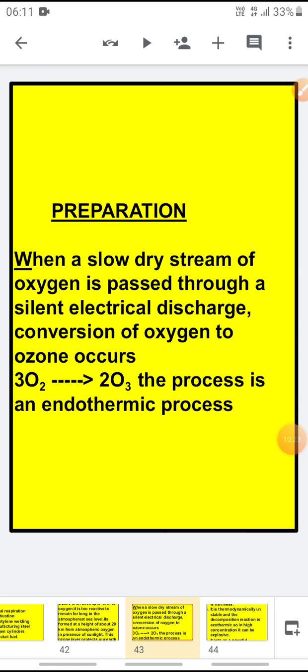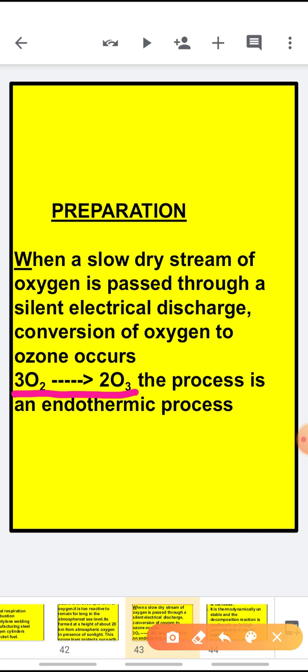Now children, the preparation of ozone. Now see how ozone is prepared. When a dry stream of oxygen is passed through silent electrical discharge, then oxygen converts to ozone. Only 10% of the conversion occurs, and the product formed is called ozonized oxygen. Children, you all can see the reaction for the formation of ozone from oxygen.